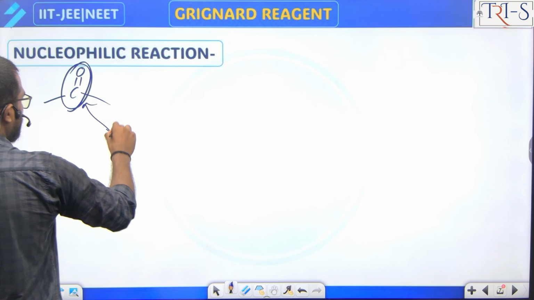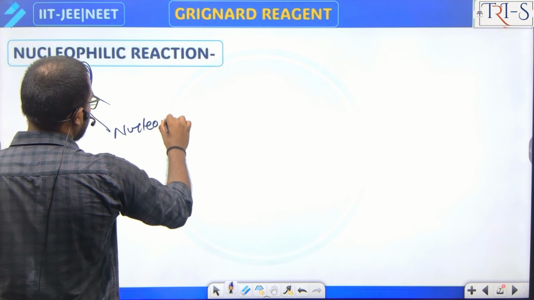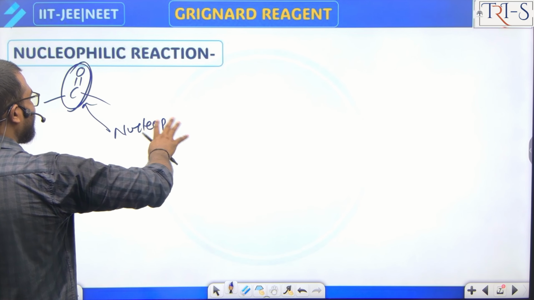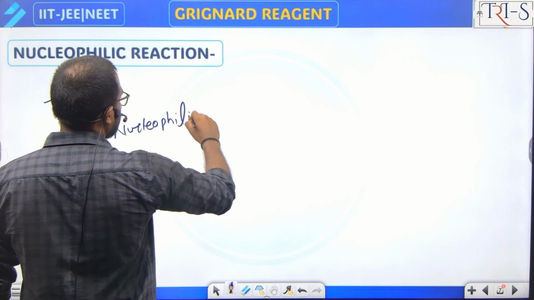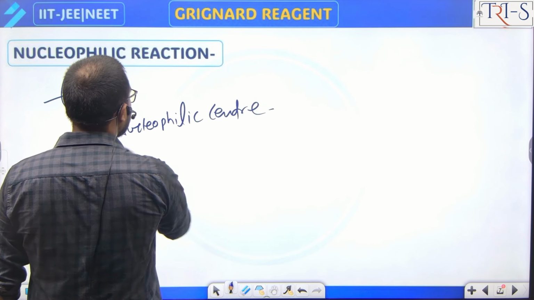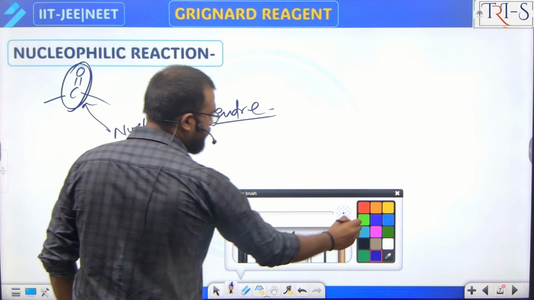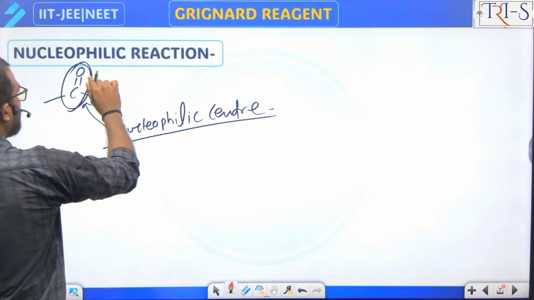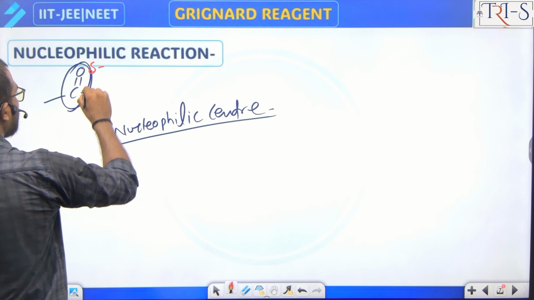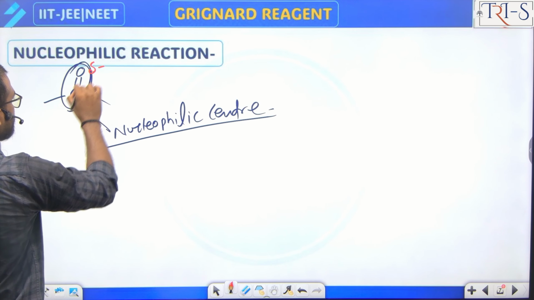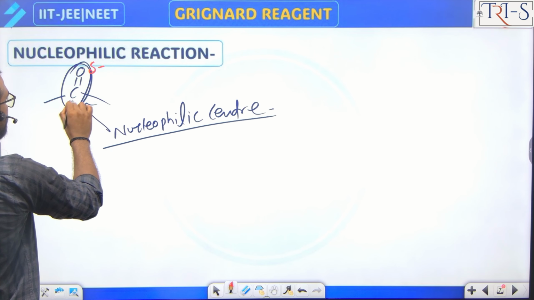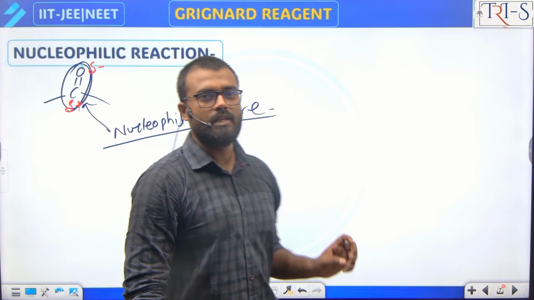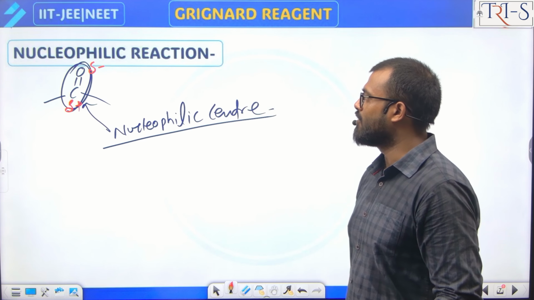Any nucleophile can attack easily here. In this center the carbon is directly bonded with oxygen, and we all know oxygen has more electronegativity than carbon. So partial charges are generated on oxygen and carbon, partial negative and partial positive. Any nucleophile can attack on this carbonyl carbon and will form a product.